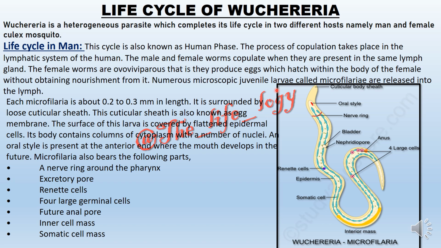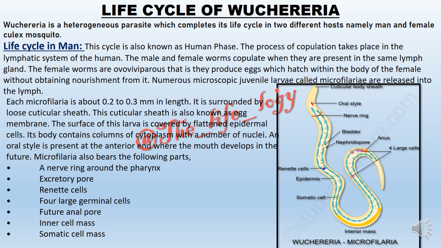The surface of the larva is covered by flattened epidermal cells. Its body contains columns of cytoplasm with a number of nuclei. An oral stylet is present at the anterior end, whereas the mouth develops in the future.